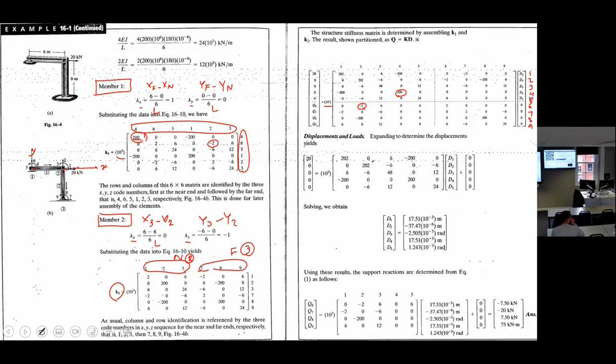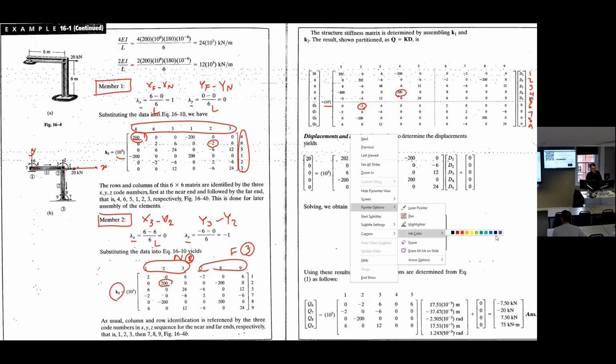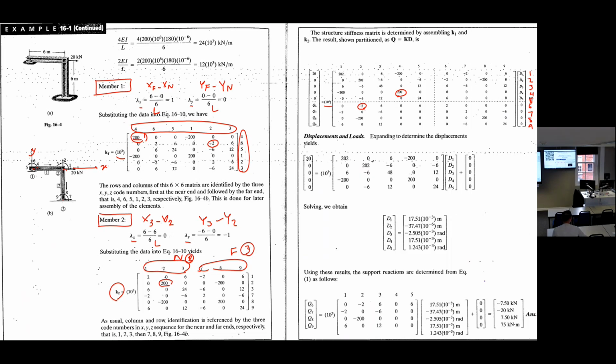For example, this 200 goes to column 2, number 2 here. But it's not 200, it's 202. Why? Because in another iteration, when I was working here, 2 by 2, this 2 also goes here. So this cell receives a 2 from here and a 200 from here, altogether 202.